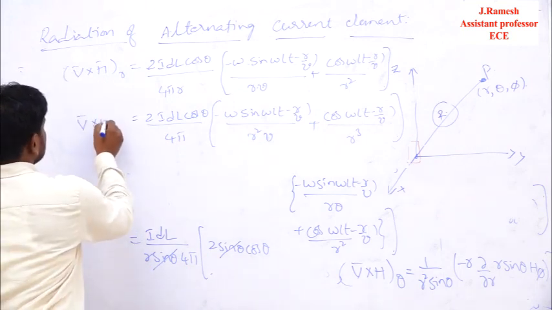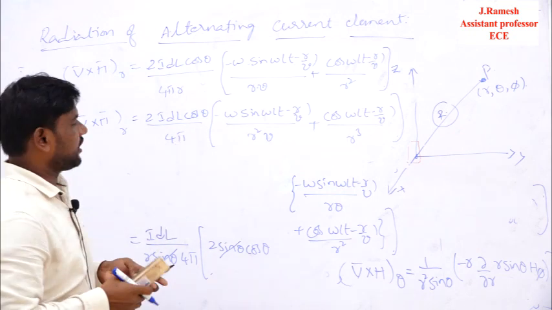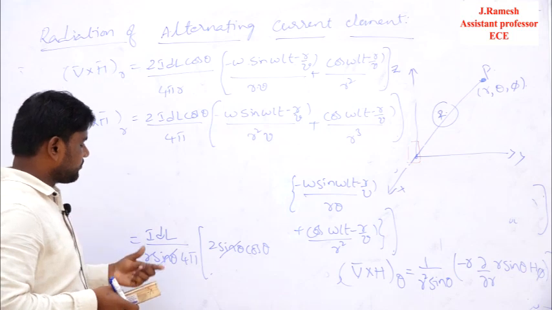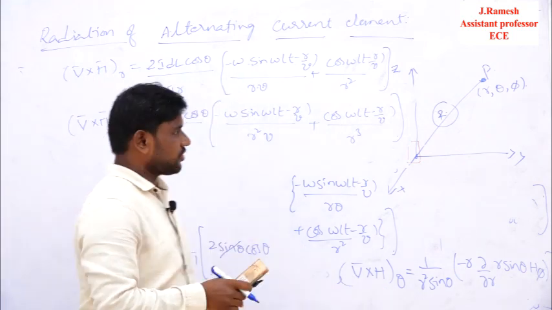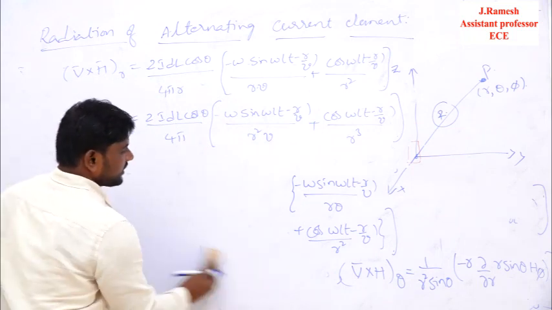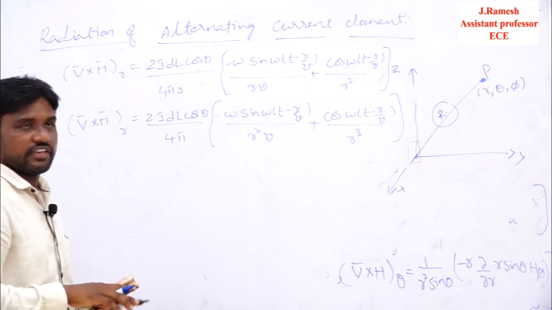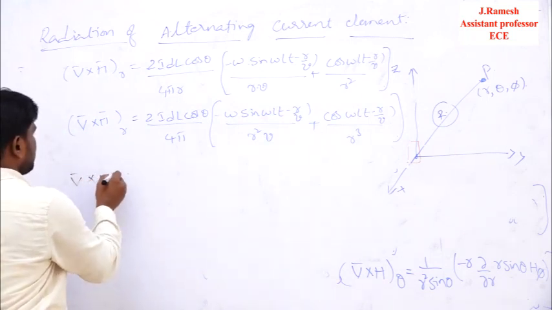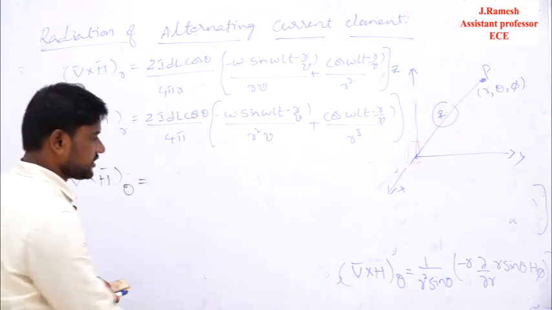So keep the h bar r component aside. Before calculating the E r component, I have to again simplify del cross of h theta component. So now I am going to derive del cross of h bar, the theta component, which can be written as follows.